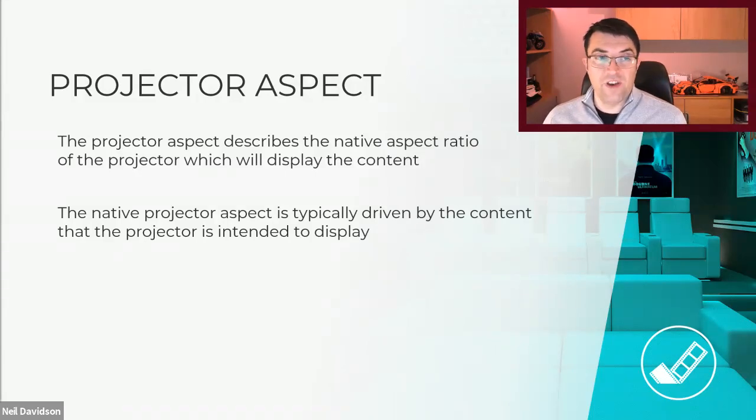In fact, it's fairly typical for a business projector to have a 1.6 aspect. You'll have seen that as 16:10. That's a 1.6 aspect. That little bit squarer shape is thought to be better for PowerPoint slides as we're looking at today. Whether that's true or not, who knows? But that's the driving factor behind it.